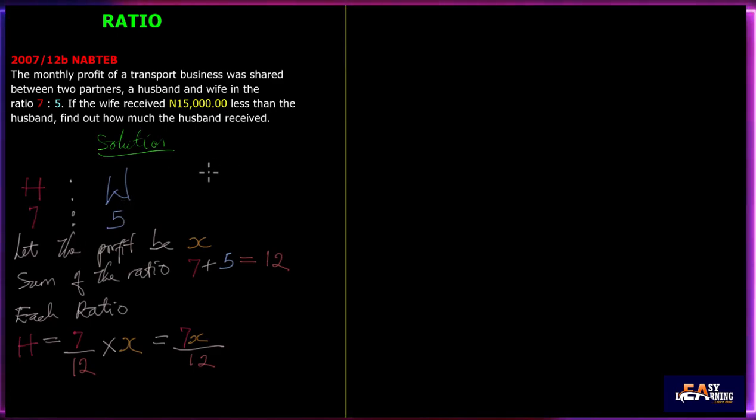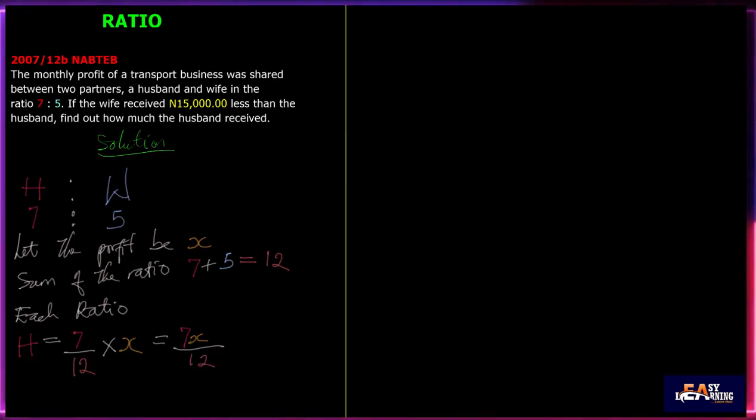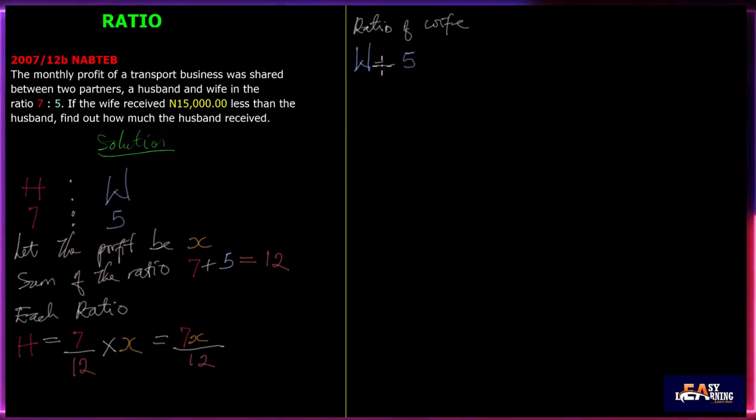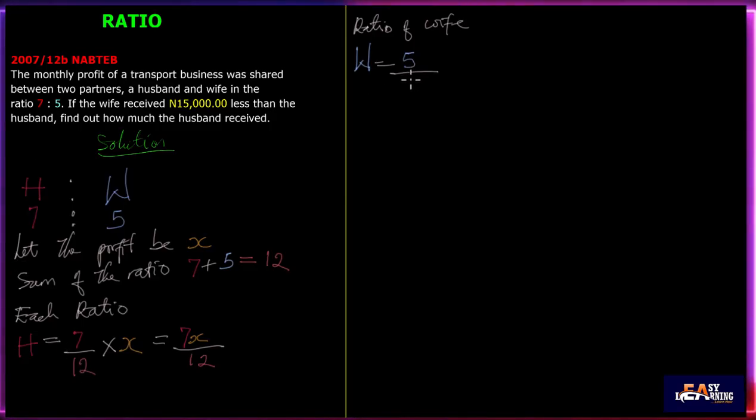Now let's get to the wife's own. Let's write ratio of wife, representing that of the wife with W. W will now be equal to the part of the wife's ratio, that is 5, all over the sum of the ratio, that is 12.